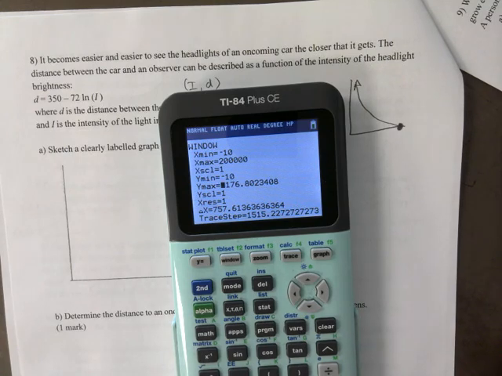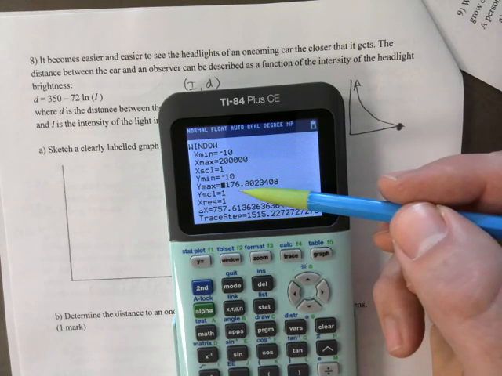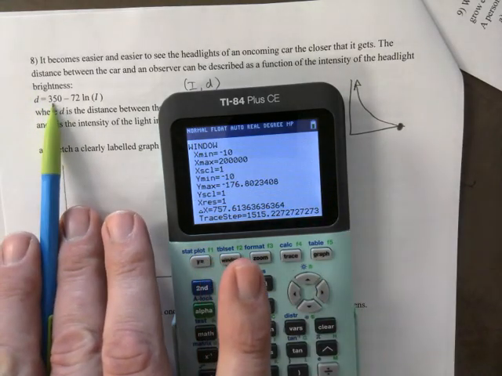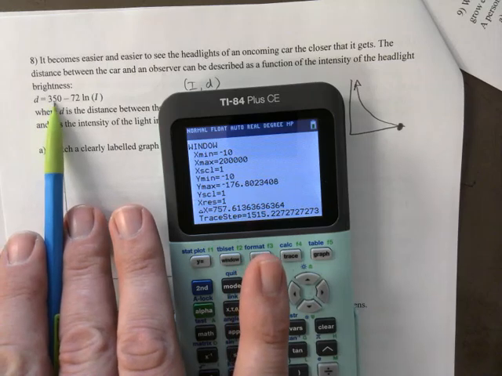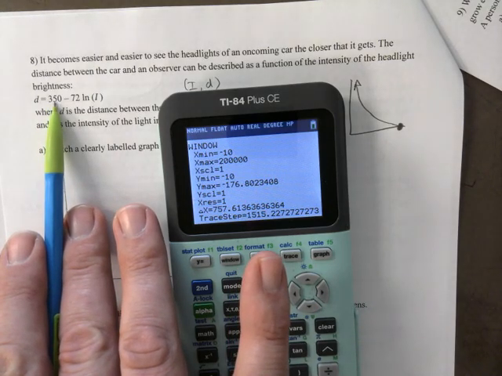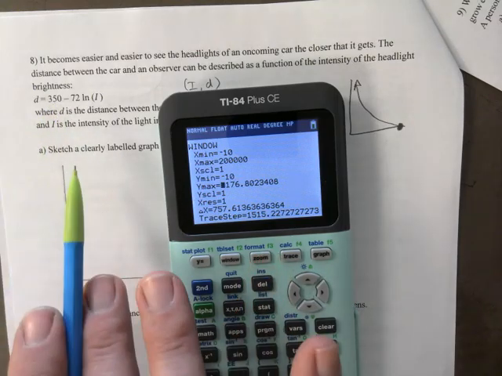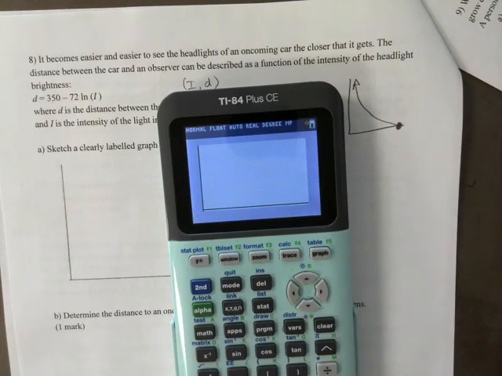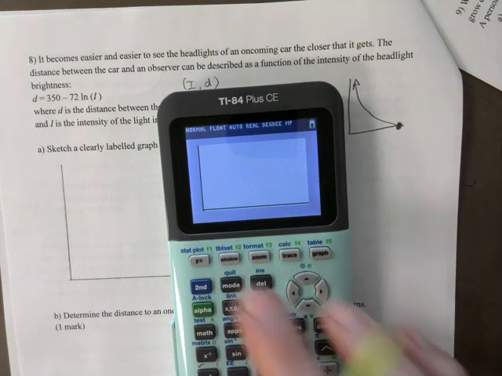What do I do with the y max, folks? That's where I use the fact that 1b is part of it, right? So 350 is in there, so I'm going to go 500 there. Okay. Whoa, what happened?